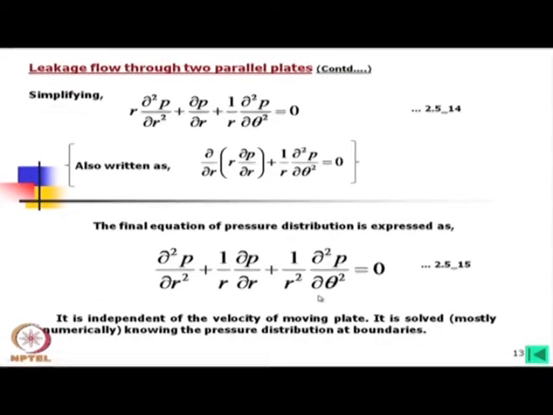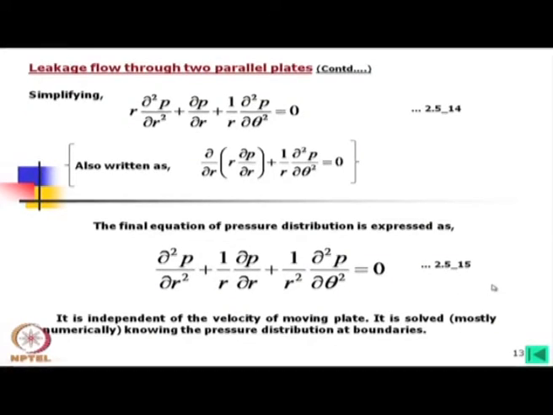Whether there will be a change in pressure or not will completely depend on the boundary conditions. If there is no pressure difference, the pressure will be equal at each and every point within the plate.